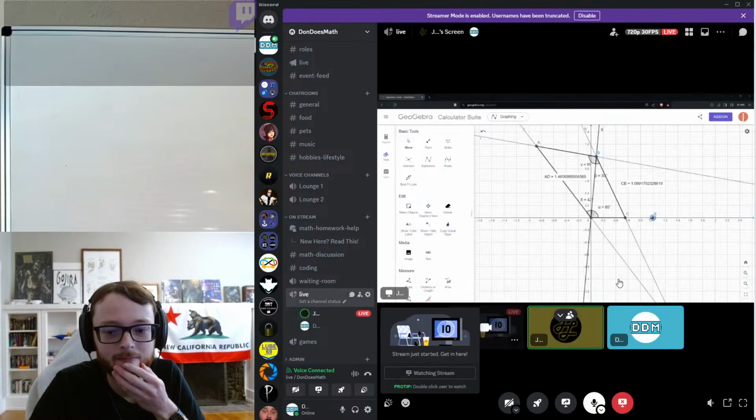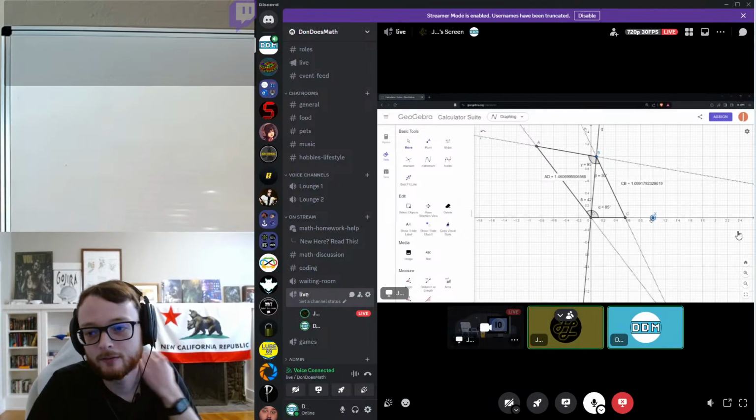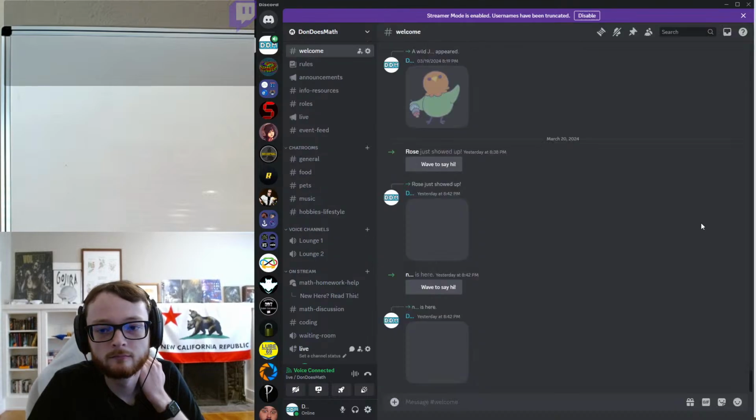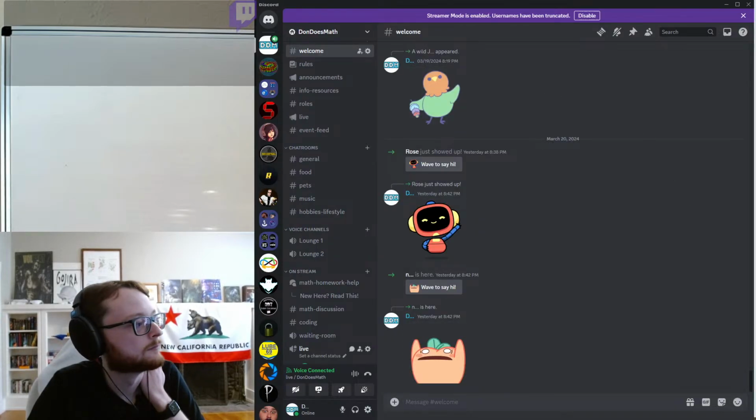Trying to prove that shape cannot exist. So this is a rough drawing. What I've got is this point X, and I've defined X as being any point I want.